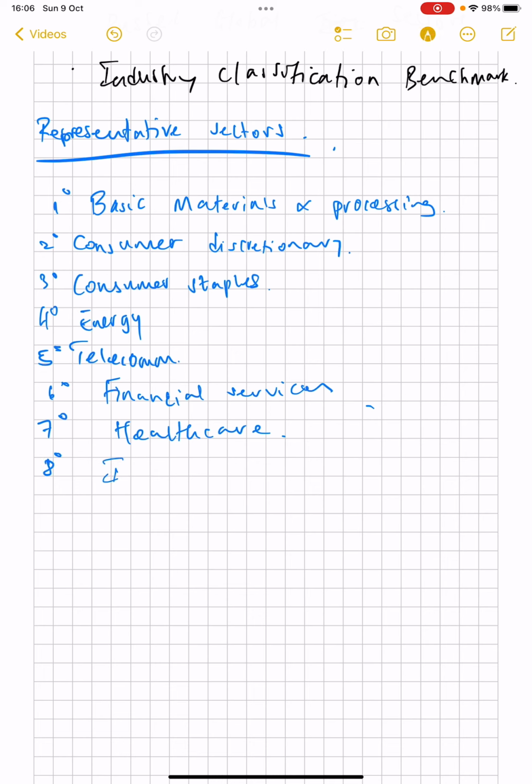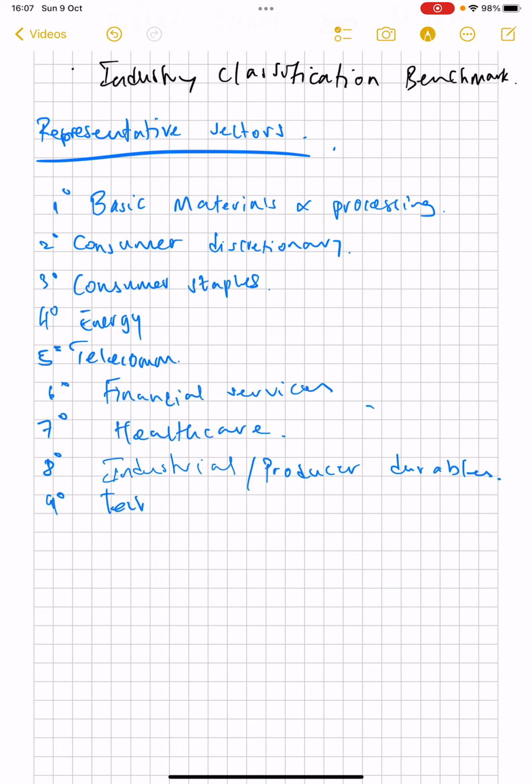And then industrial and or producer durables. Under this, you will find the commercial services, heavy machinery, equipment manufacture, aerospace and defense, transportation services, commercial services and supplies.